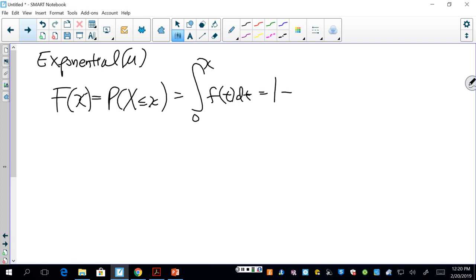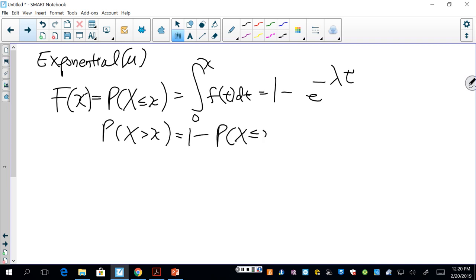But it ended up being a certain function. So the probability that x is less than a certain number is that. The probability that x is greater than some point is 1 minus that probability. So it ends up being e to the negative lambda x. And this cumulative distribution function, as x is changing, gives a chance. Oops, that should be x here, not t, sorry about that.